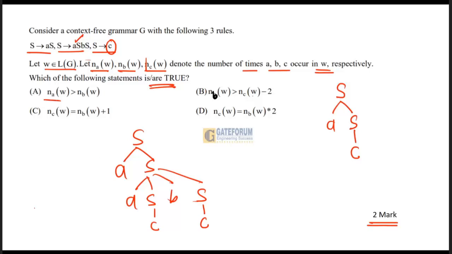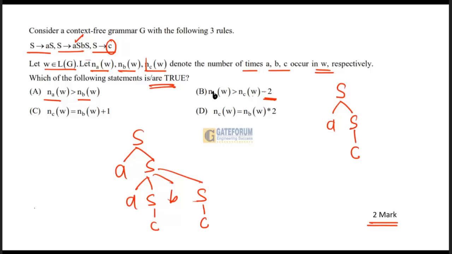option A is that the number of A is greater than the number of B. What it is saying is that the number of A is greater than the number of B, but it is not necessary that the number of A in the string will be greater than the number of B. Here there is no existence of B. Then option B says the number of B is greater than the number of C minus 2.